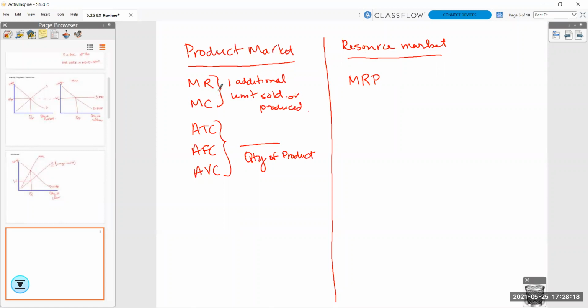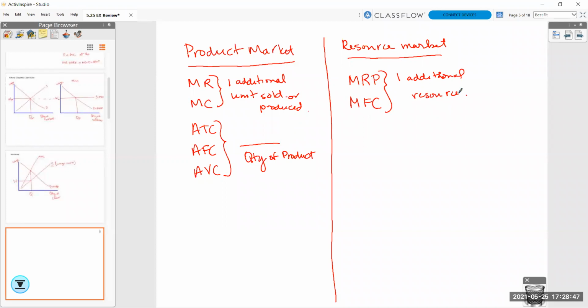This says, how does my revenue change if I sell one more unit? How much does my marginal cost change if I produce one more unit? Over here, this marginal revenue product and this marginal factor cost are about one additional resource, right?